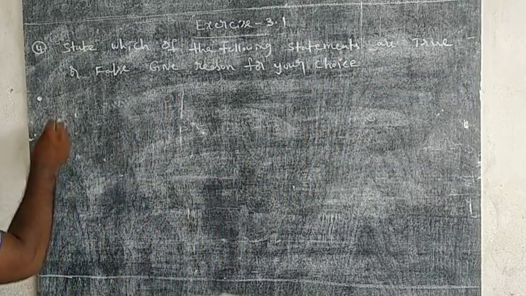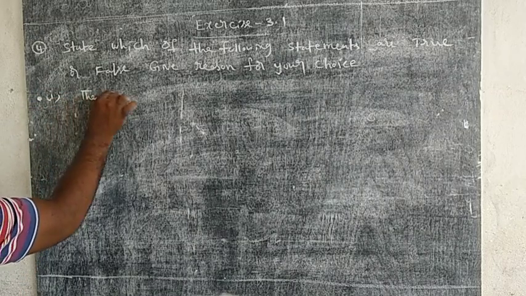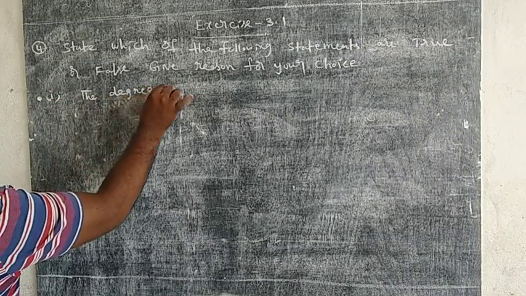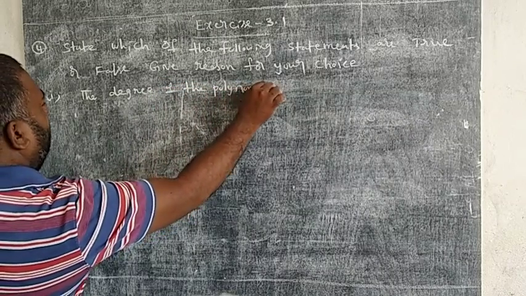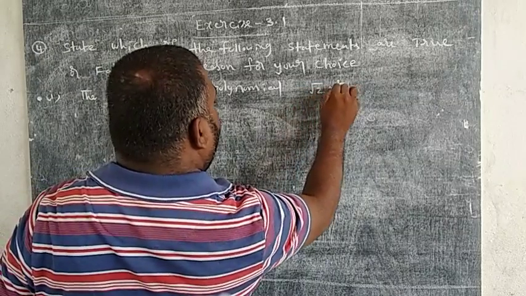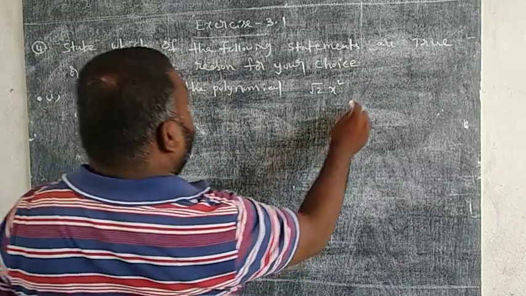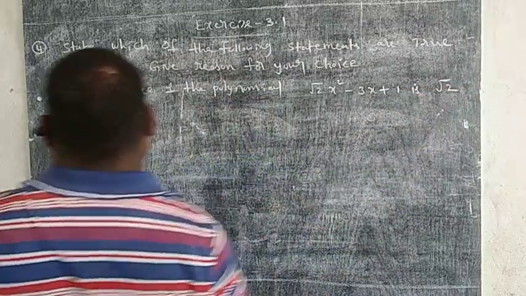So the first question is: the degree of the polynomial √2x square minus 3x plus 1 is √2.